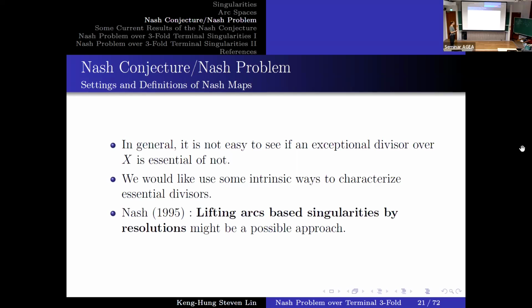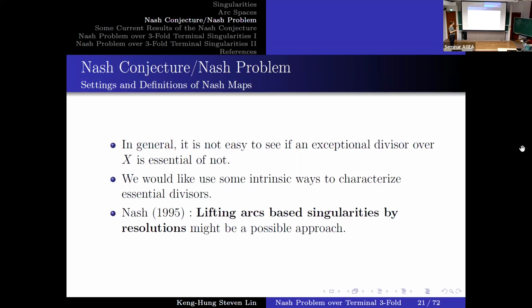His idea is the following. He tried to lift arcs which pass through the singularity of X via the resolution, and see what the behavior of such arcs is.